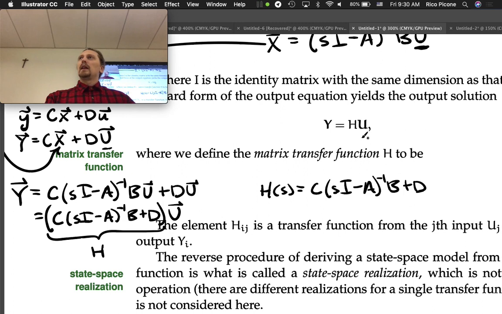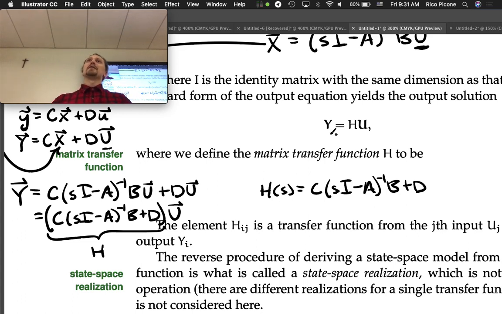Because there's a difference between the input and the output. Right, exactly. It relates the input U to the output Y. So Y equals HU. It operates on the input U, and it gives us the output Y, which was our definition in the scalar case of the transfer function.